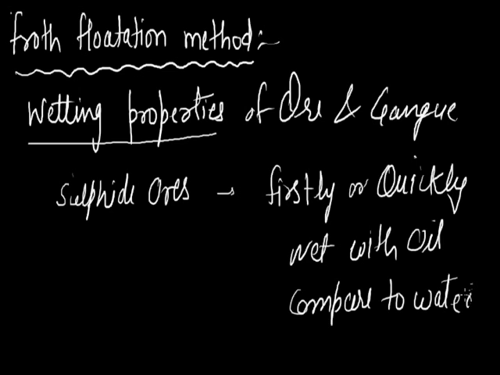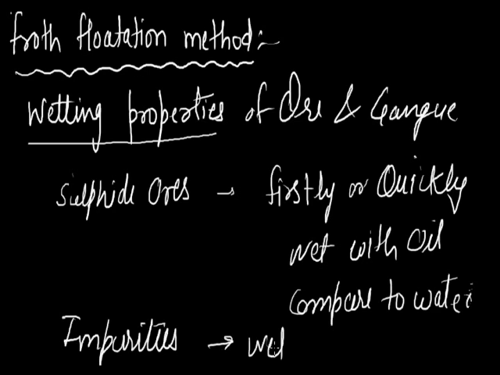If the ore particles wet with oil quickly and the impurities wet with water quickly, then we can use the froth flotation method. As we know, copper pyrites is a sulfide ore, so we can use froth flotation for it.